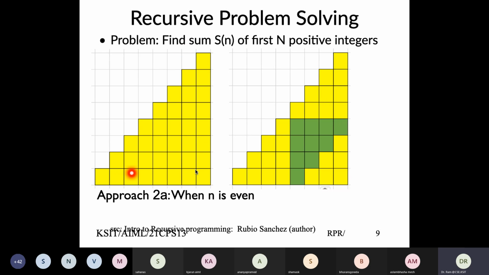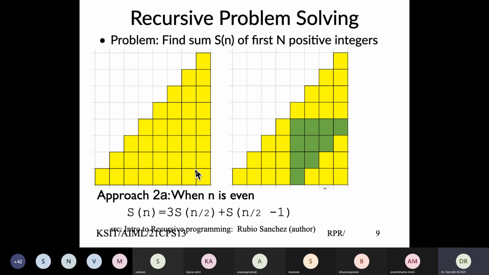That means if n is even, I divide my problem into 3 subproblems of n by 2 and 1 problem of n by 2 minus 1. So if I can solve 3 subproblems of n by 2 and 1 subproblem of n by 2 minus 1, I can find the answer. So Sn would be 3 times S of n by 2 plus S of n by 2 minus 1.